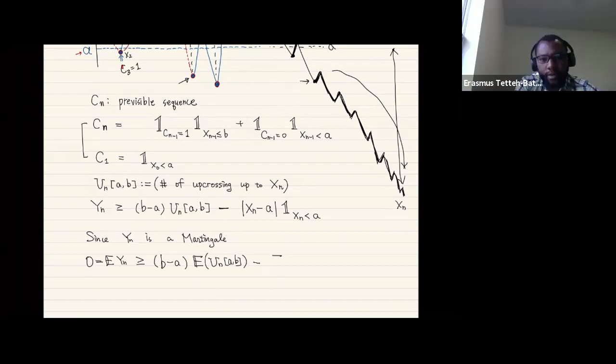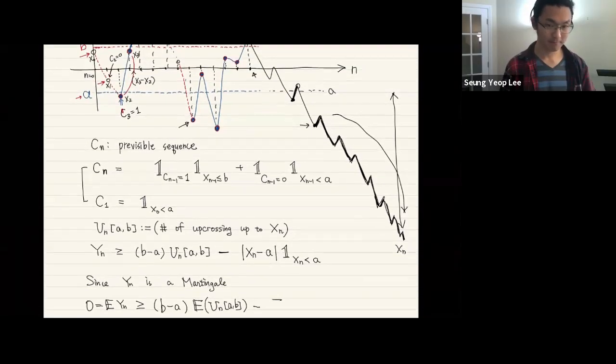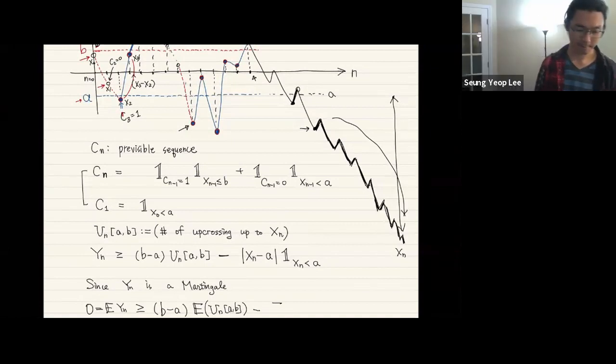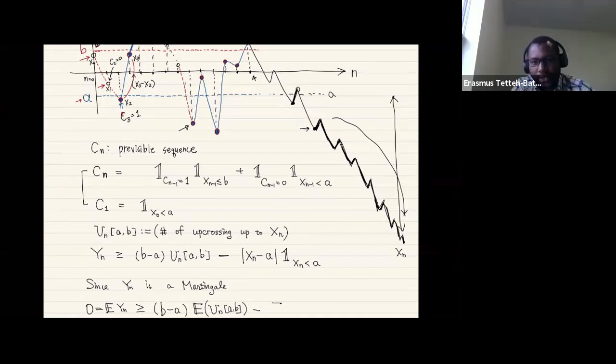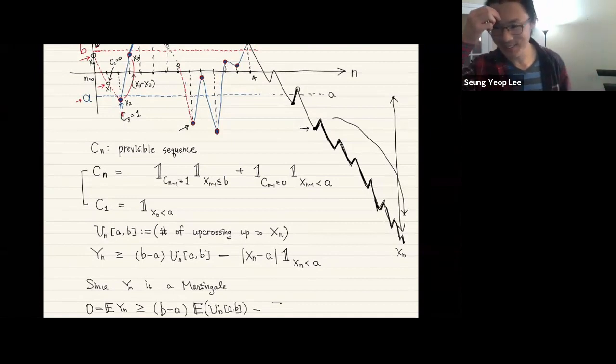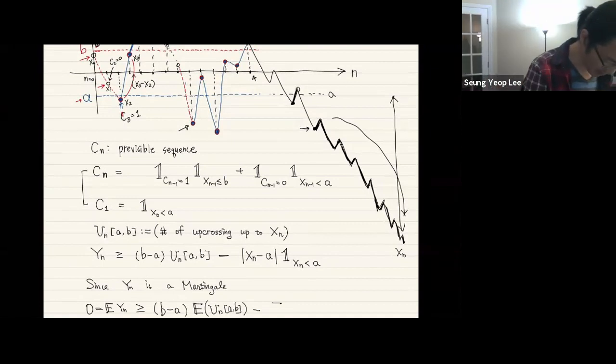Professor, once it goes below A in the last example you gave, and we buy, and then it goes just a little up, and we sell? No, we don't sell. You're right, I was wrong.